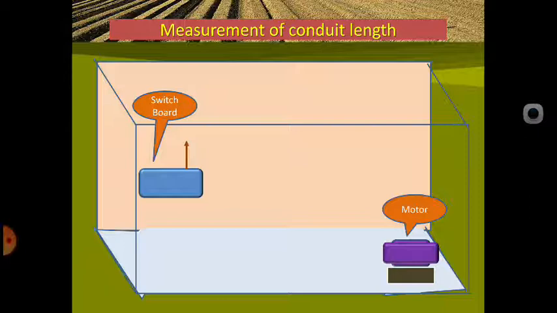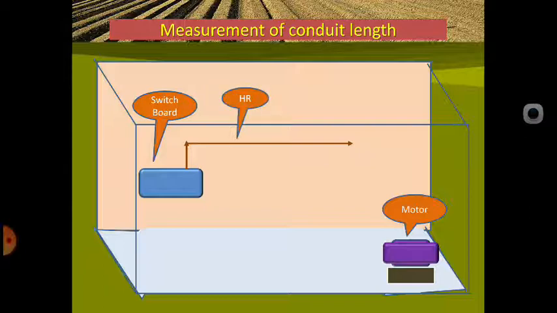From this we take the run up and then horizontal, because these are all provided at 1.5 meters from the floor. Next it goes in a horizontal run up to near this motor, which is nearly 4 meters, along the wall.